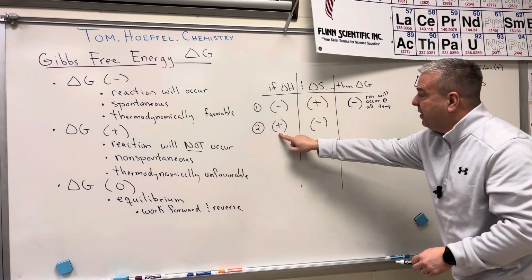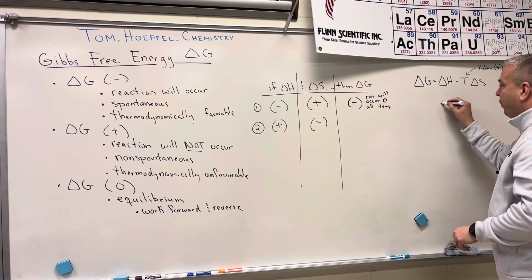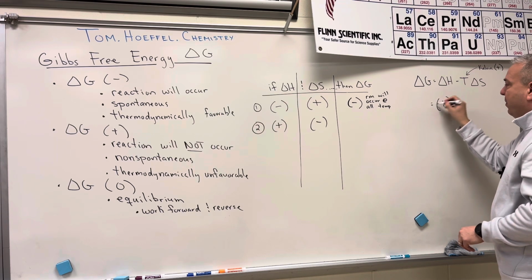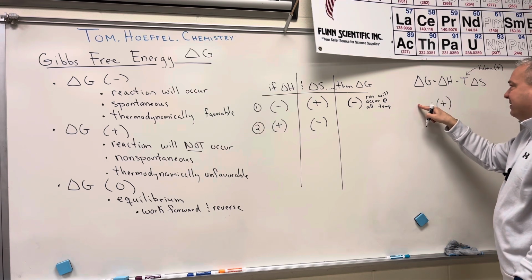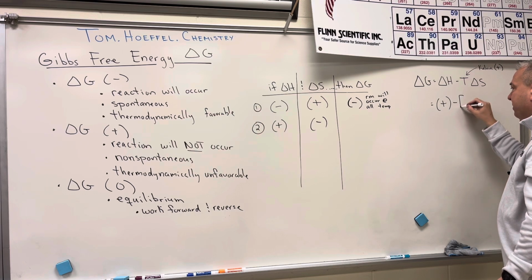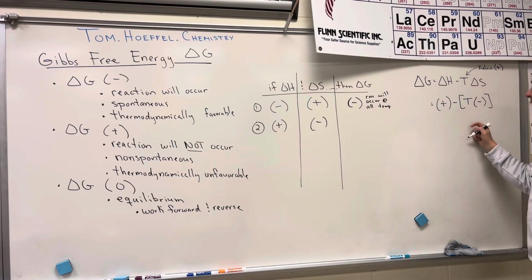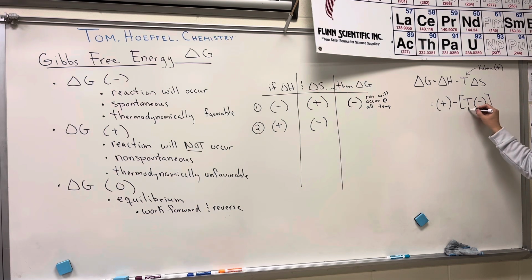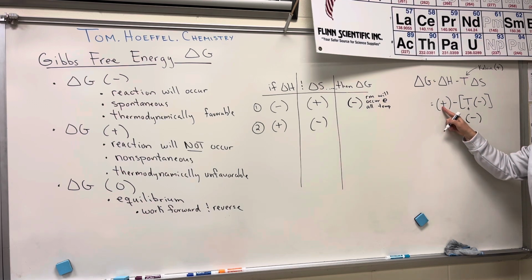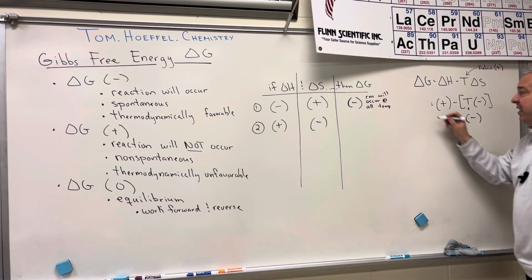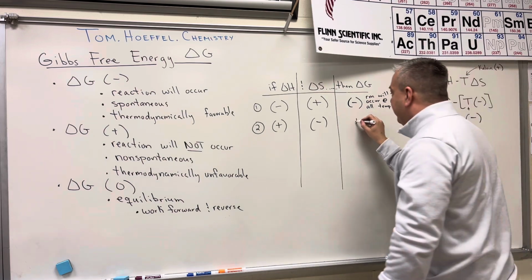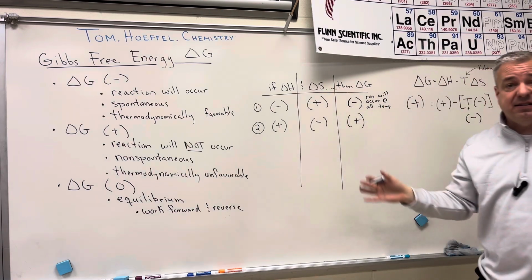If we plug in a positive for enthalpy, that's going to help delta G be positive. And if we minus it by T delta S, and this is a negative, remember this T delta S is going to be a negative right here. So this is just a larger positive. A positive minus a negative is going to give you a positive sign for delta G. It doesn't matter the magnitude.